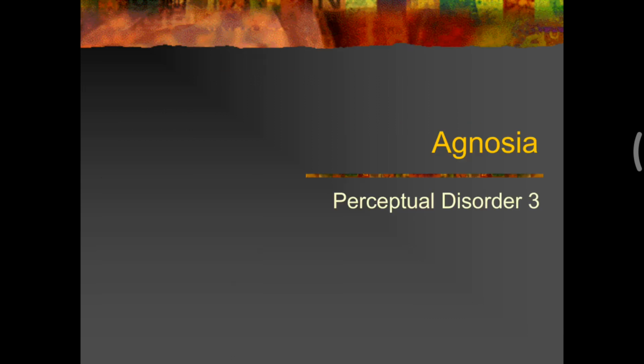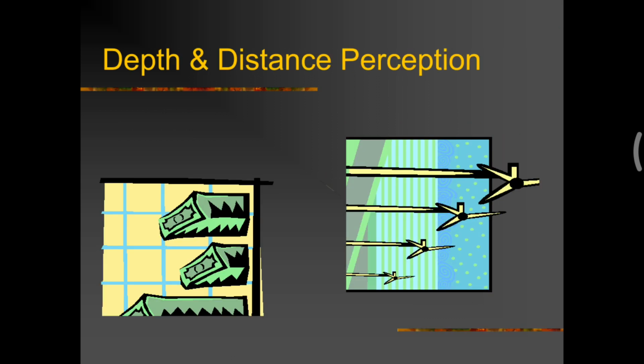The next disorder, the last one of the spatial relation disorders, is depth and distance perception. Distance perception, as you can correctly guess, is how much distance an object is from us, and depth is how much deeper an object is from us. I want you to pause and start thinking, in which place would a person having a depth perception problem have a lot of difficulty?